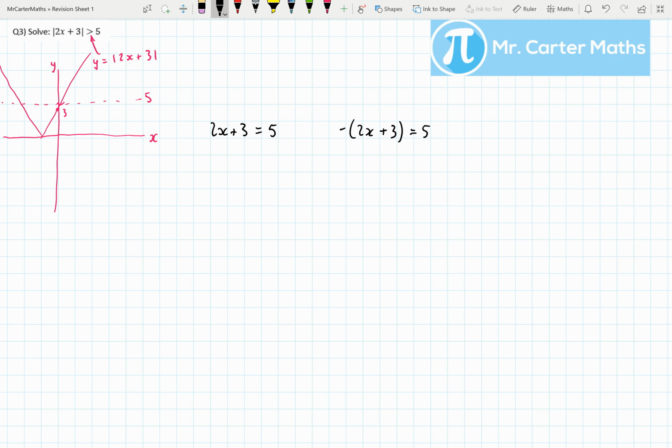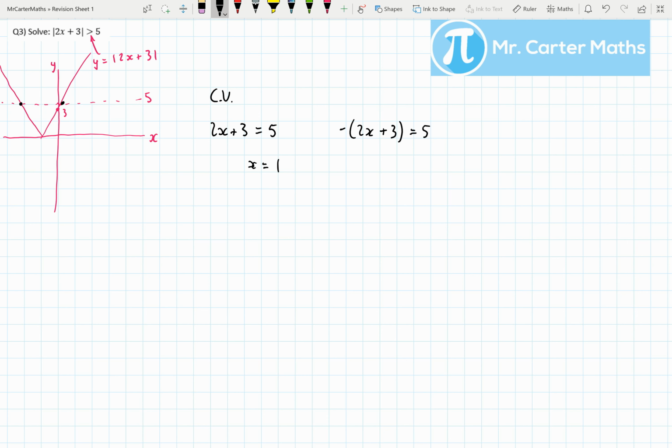Okay. I realize here I'm using equations. So strictly what I'm doing is I'm finding kind of critical values. I'm finding where do these lines meet, and then I can think about my inequality at the end. Okay, solving this first one, 2x equals 2, x equals 1.